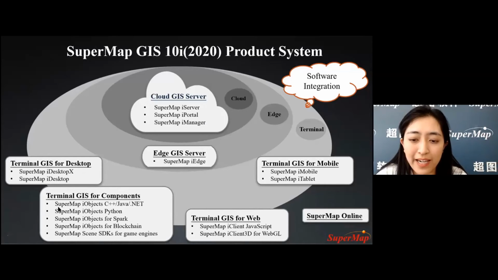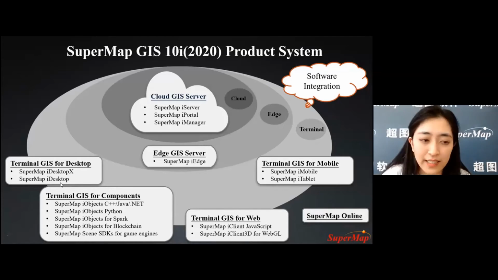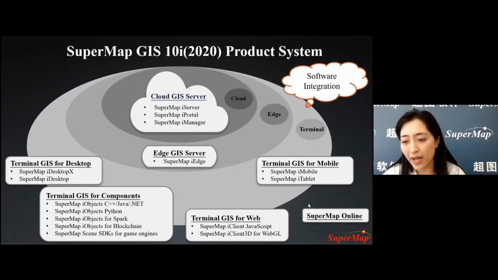For the Supermap desktop, it mainly provides the 3D scene construction and data processing and so on. And it also provides the 3D SDK and API for desktop, web, and mobile.